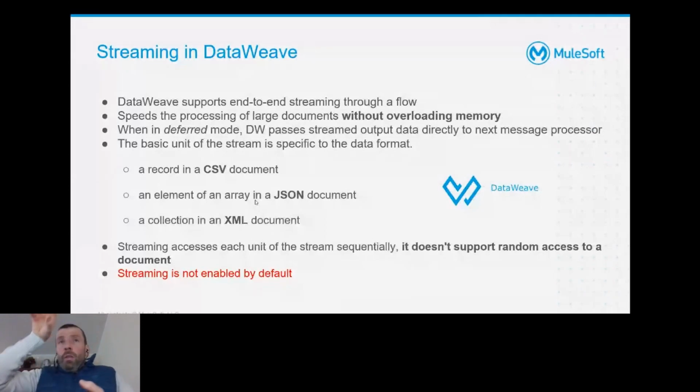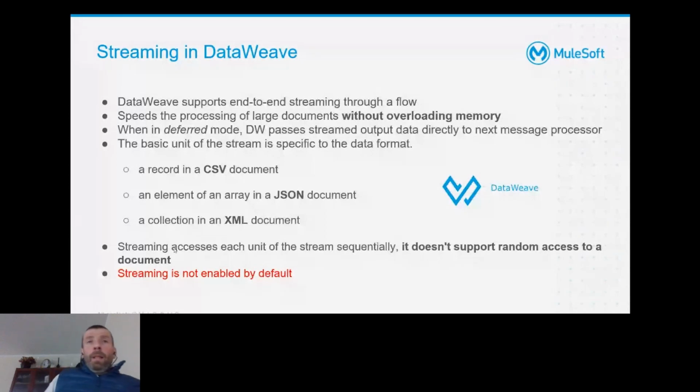We need to show exactly the place in the structure, and the structure of the XML might be very, very complex, but there should be a place that contains the elements next to each other, and we can iterate over them. And this is the way we can create a stream from those elements.